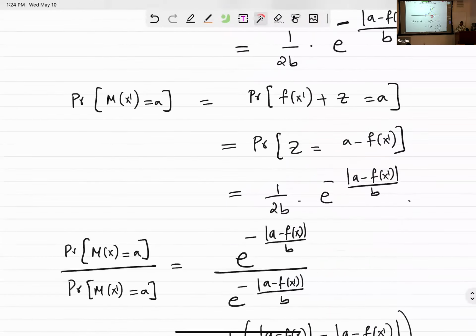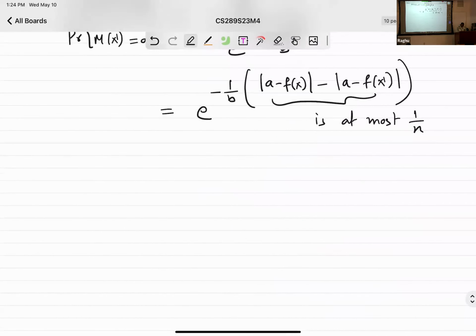So if we choose b to be 1/epsilon n, I just get exactly e to the epsilon.